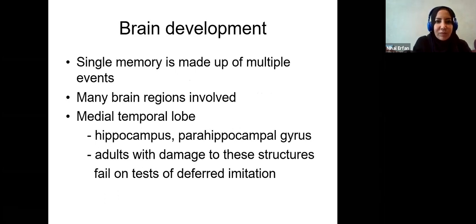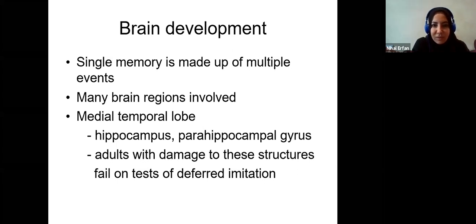Okay, so obviously you know that a single memory in the brain is made up of multiple events. Many things go into the formation of a memory, obviously many genes being involved. The medial temporal lobe is one of the most essential and critical parts of the brain when it comes to memory.